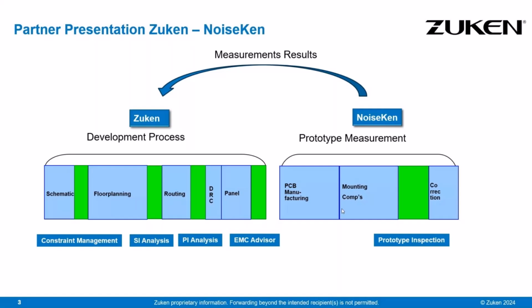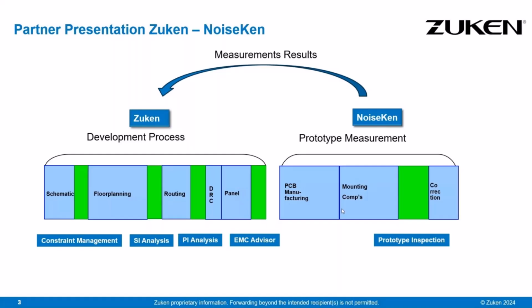This begins with schematic design, followed by floor planning, routing, and then moving through steps like panel creation and DRC checks, which are very crucial for ensuring our design meets necessary constraints and standards. And then at each stage, CR-8000 offers powerful tools such as constraint management, signal and power integrity analysis, and the EMC Advisor to optimize design quality.